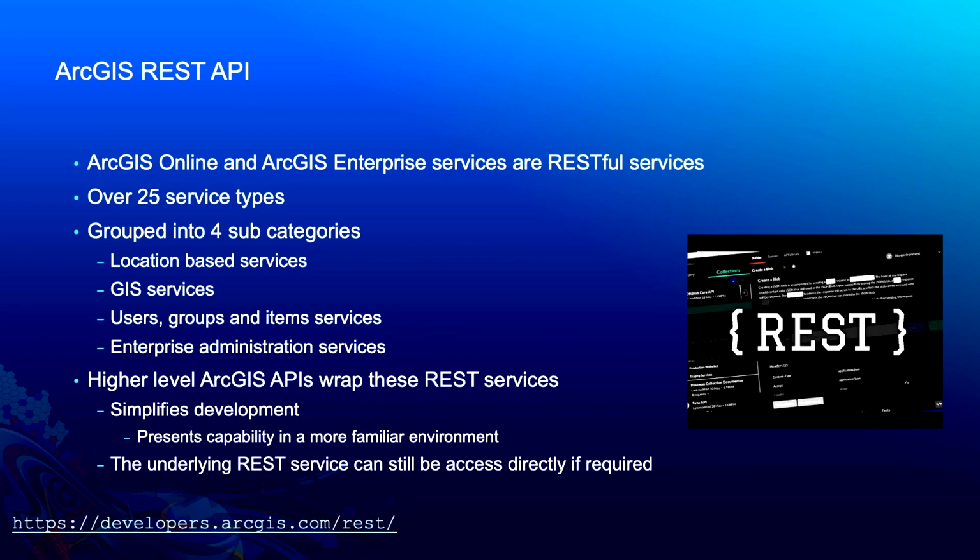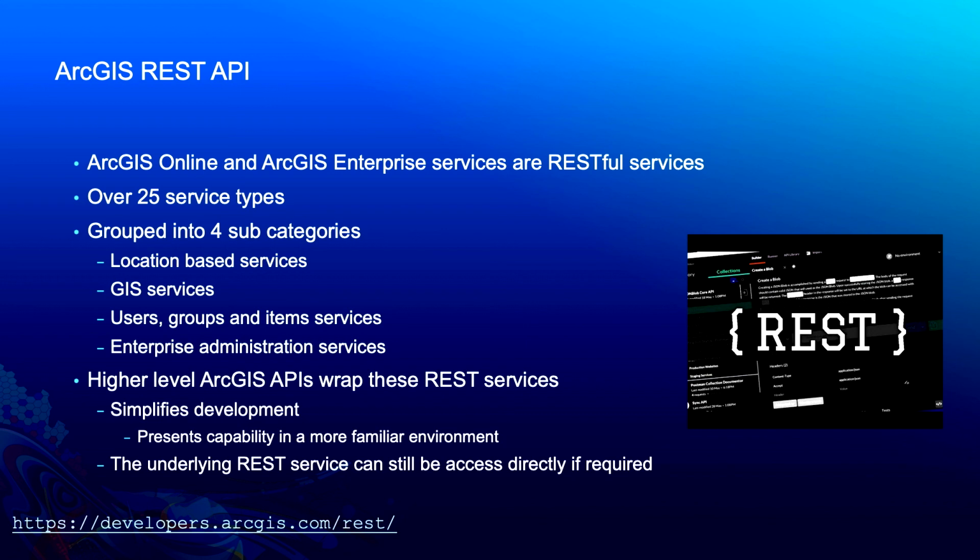So the REST API has been around for quite a long time because we've been developing these REST services, and these REST services have been getting richer and richer, and along with it, so has the REST API. We really group them into 4 categories. There's our core location services, things like geocoding, routing, and geo-enrichment.